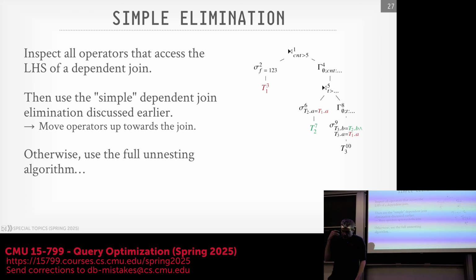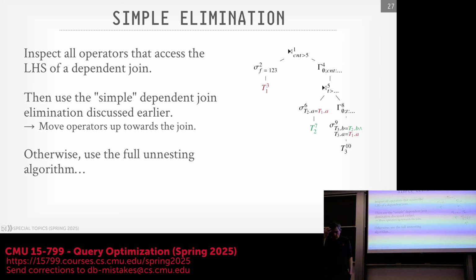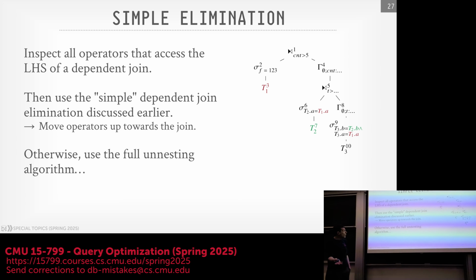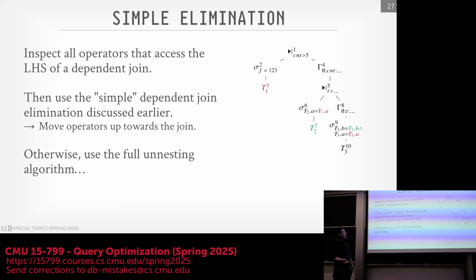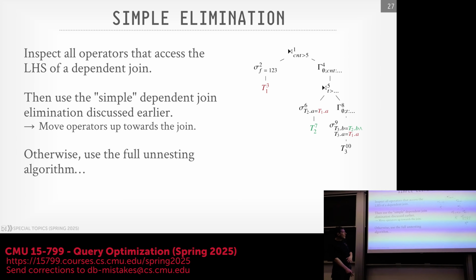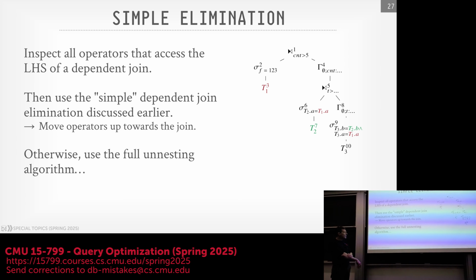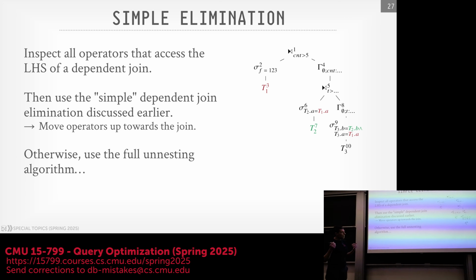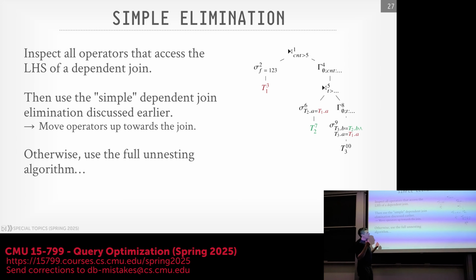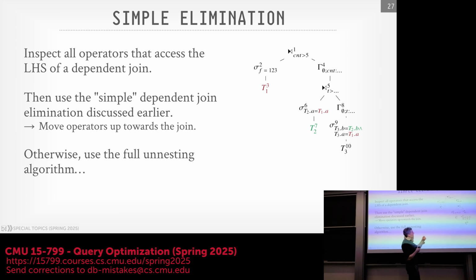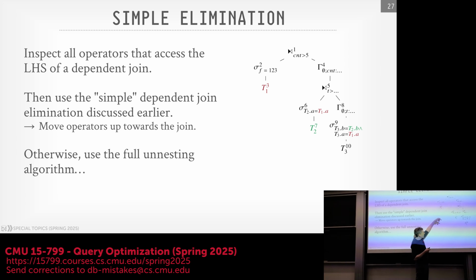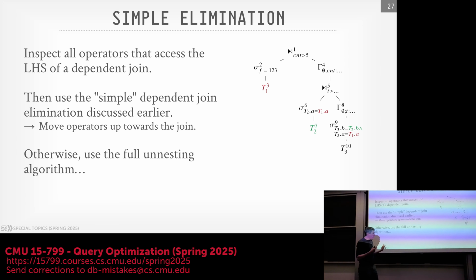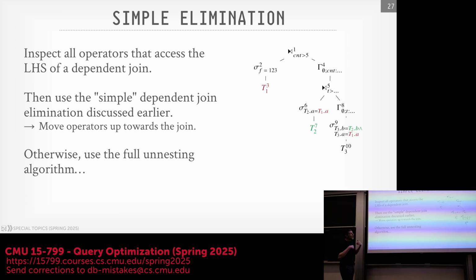All right, so now again, I'm just doing a quick inspection to say, all the operators access the left-hand side of the dependent join. And then if it's simplistic, meaning my dependencies can easily map to the other side and I can pull things up, like we showed before, then I go ahead and just run that same algorithm we had before, right?